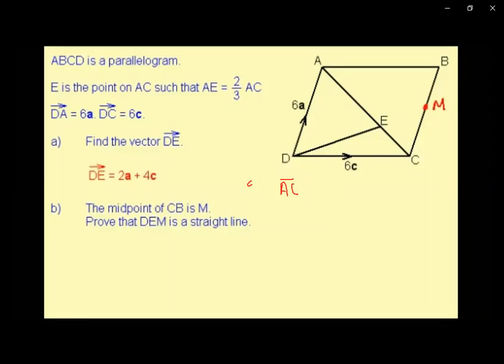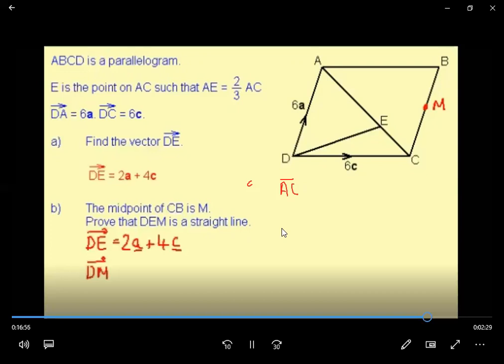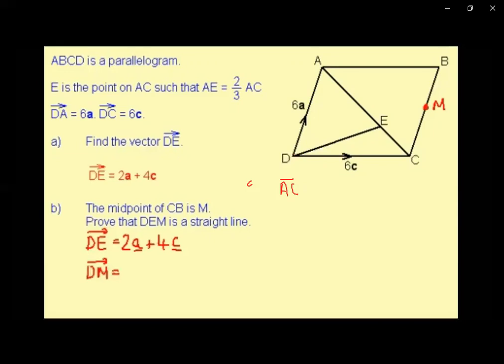From the first part of the question, I already know vector DE. For vector C, I now want to find vector DM. To get from D to M, I'm going to go from D to C and then from C to M. I know that this shape is a parallelogram, so I know that this is parallel to this.